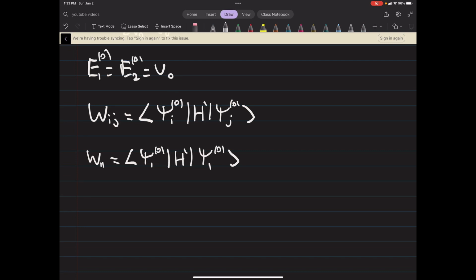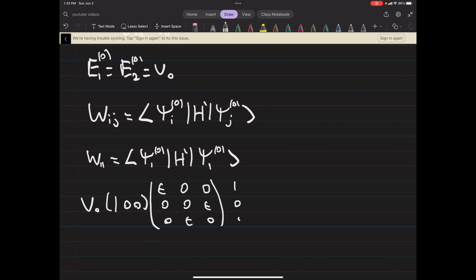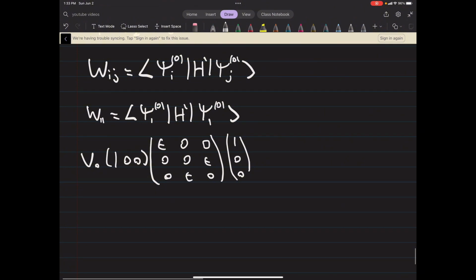And now we just calculate this just like before, just calculating a matrix element. And let's see, this will be V naught epsilon.